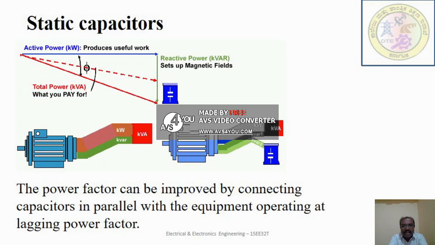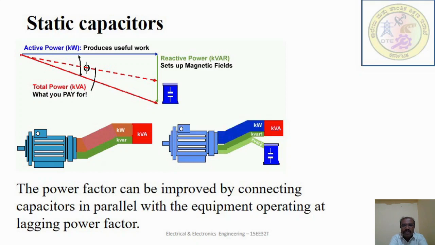First element is the static capacitor. Capacitors oppose the inductive effect of the loads or motors by drawing leading current. These are connected in parallel with the load where the power factor is to be corrected.